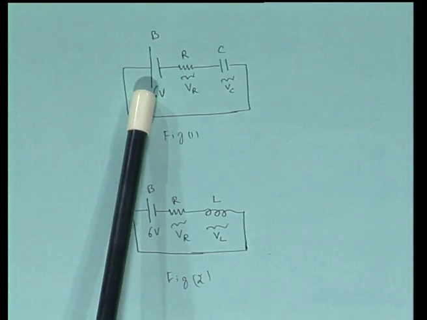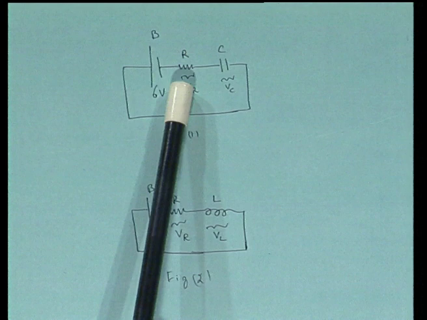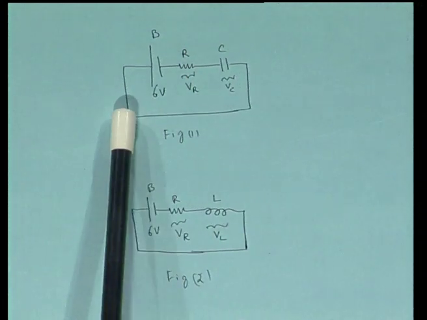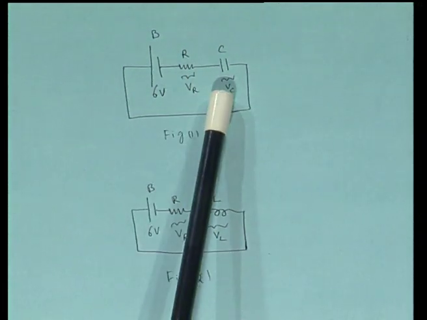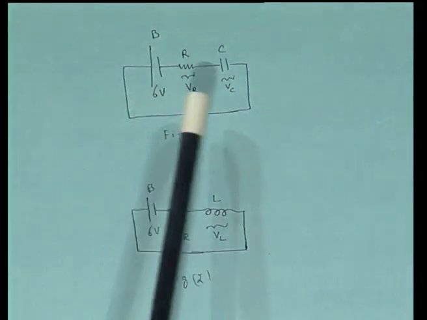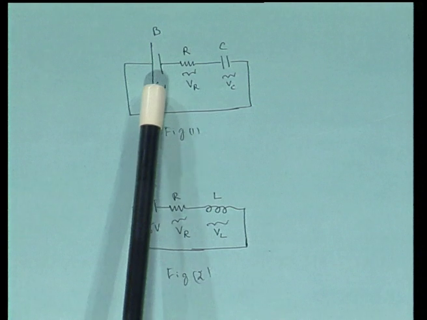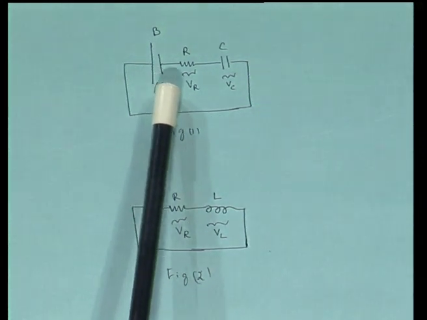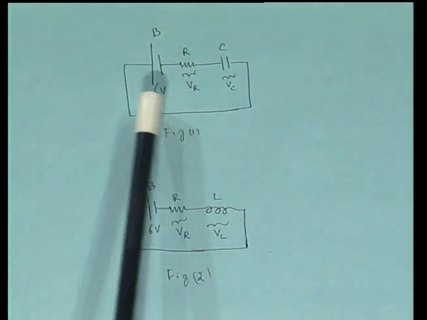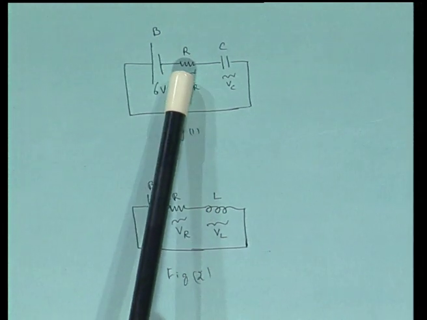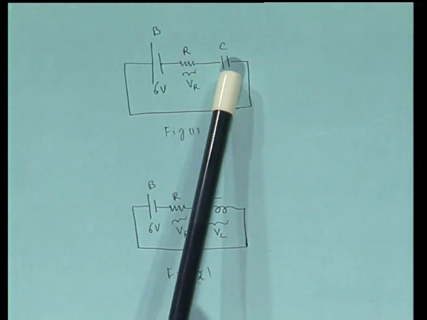To show this, we have the following circuit: a 6-volt battery is connected to a resistance and a capacitance, and the circuit is closed. In certain cases we use charge and discharge keys. Here I am not including them; I am only showing how the back EMF prevails on the resistance.